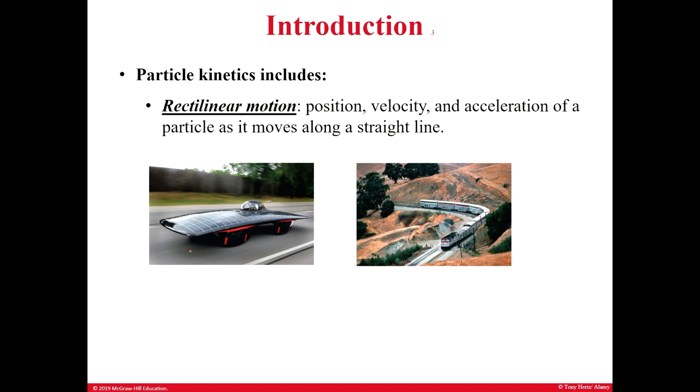All right, so in rectilinear motion, we're going to have position, velocity, and acceleration of a particle that moves along a straight line. So this part is very confusing for some students. Say a race, this is a straight line, the x direction, but in that straight line you can have different accelerations and different velocities.